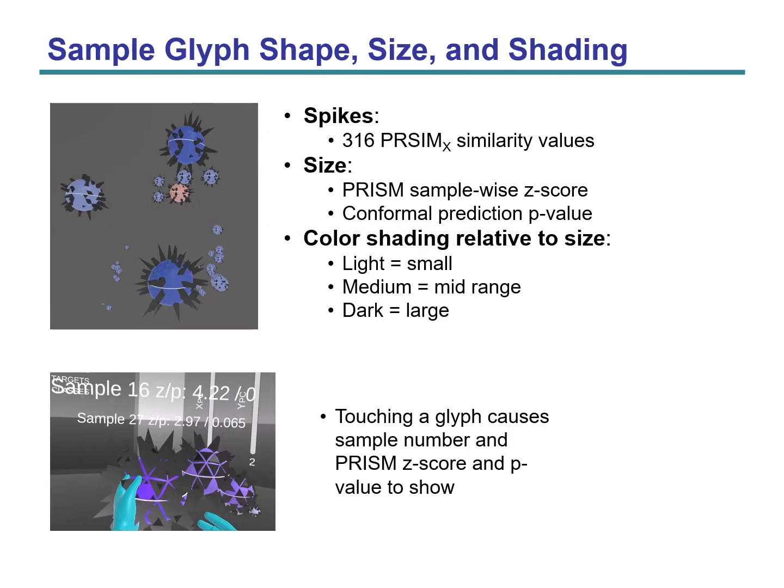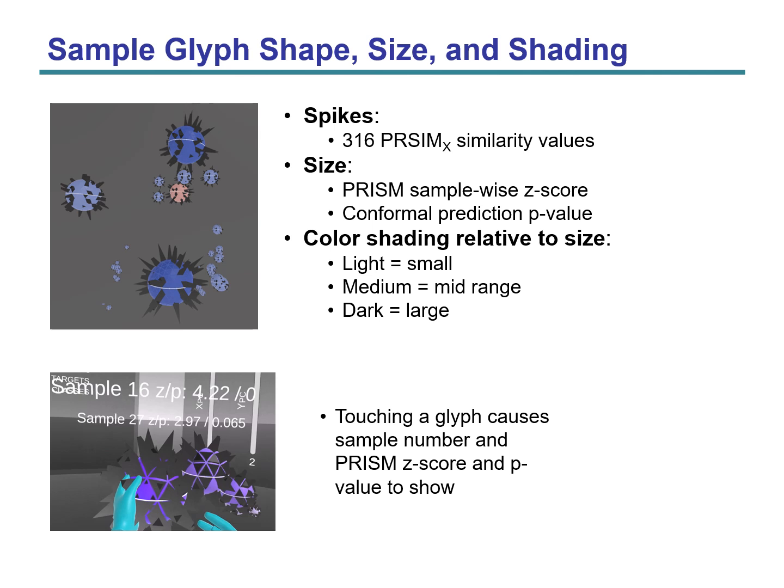Shown here are our glyphs, a sphere with spikes like our outlier glyphs, and the spikes have 316 PRISM X similarity values, or just PRISM values, because we don't use any PRISM Y values. The size is the sample-wise z-scores.